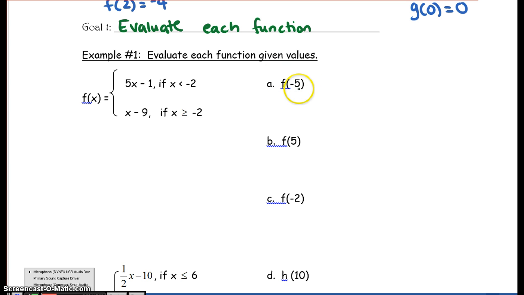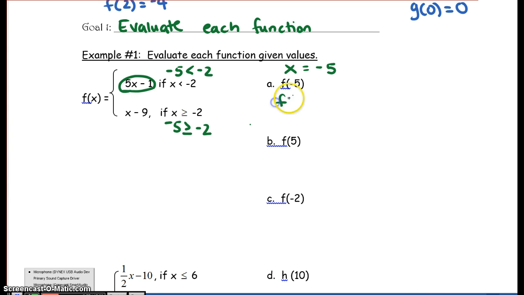Looking at f of negative 5, x equals negative 5. Is negative 5 less than negative 2, or is negative 5 greater than or equal to negative 2? One of these statements should be true. Negative 5 is less than negative 2, so we have to use the first function.